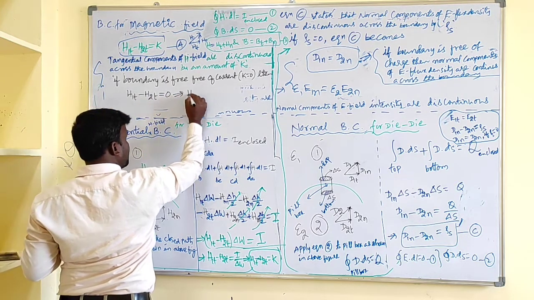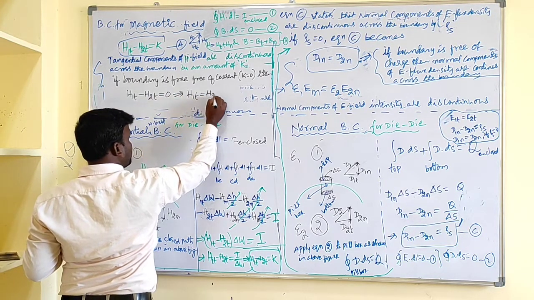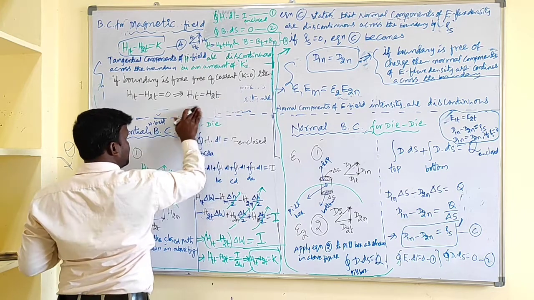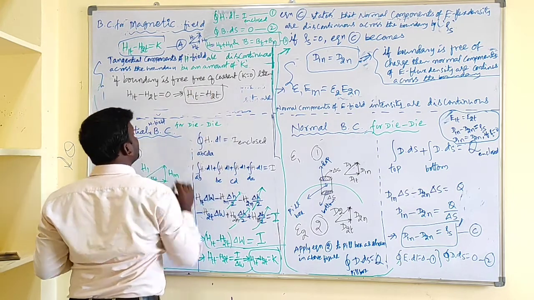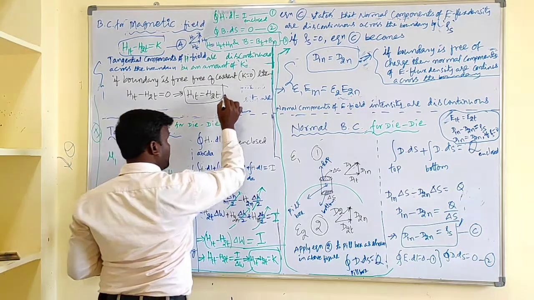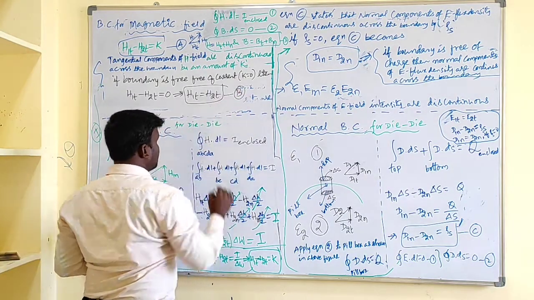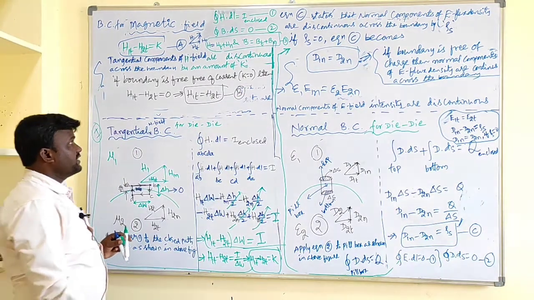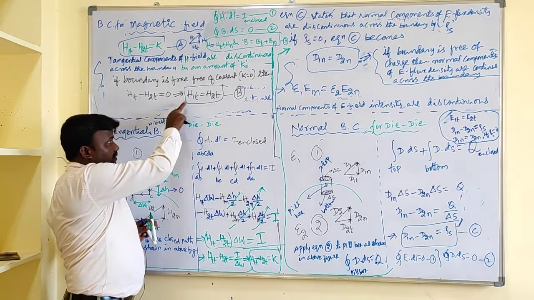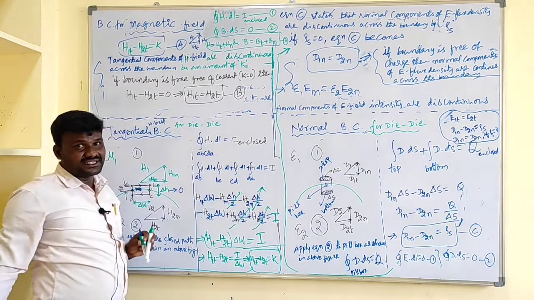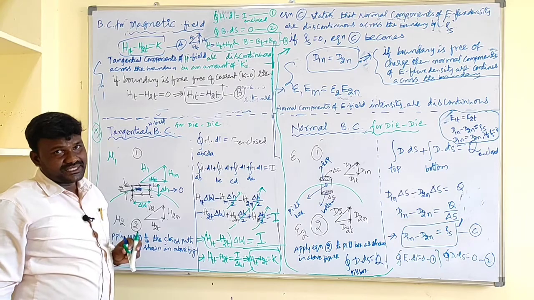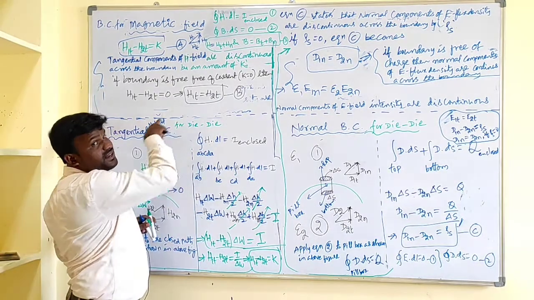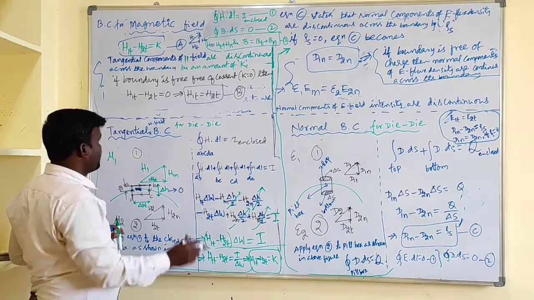It implies H1t is equal to H2t. This is equation 2. Means tangential components of magnetic field intensity are continuous across the boundary if the boundary is free of current.